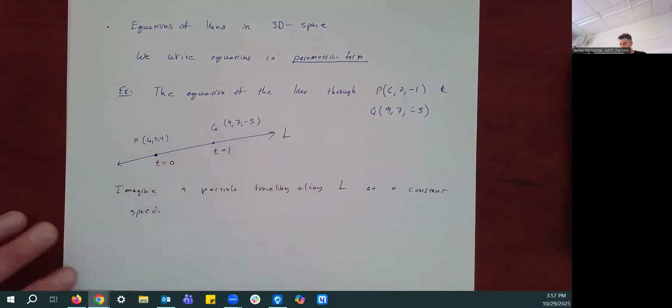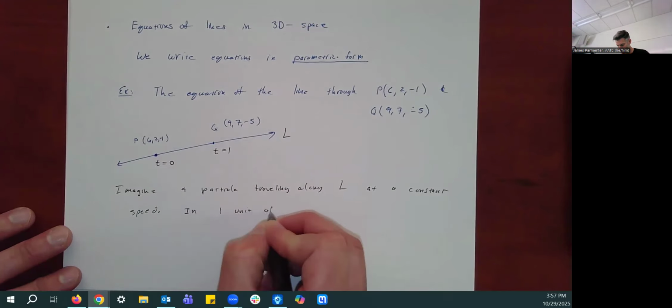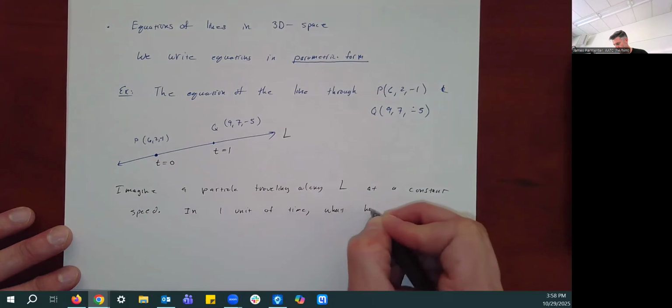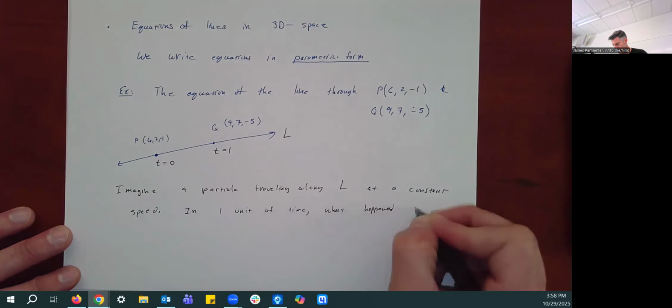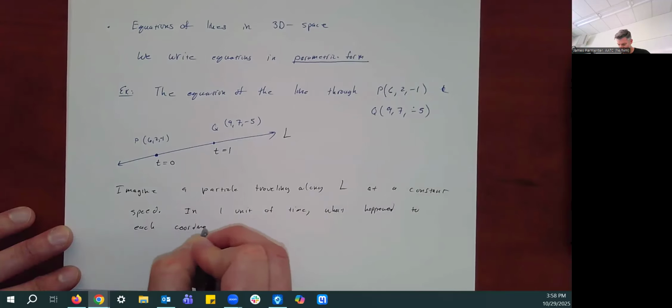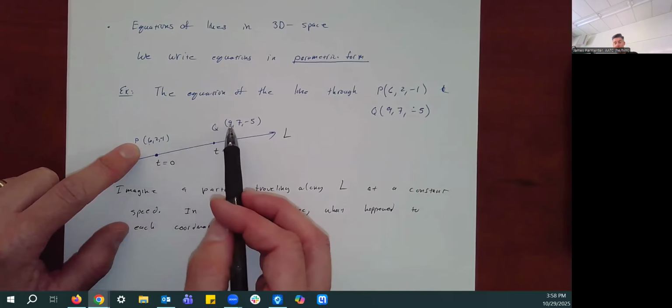So in that 1 unit of time, what happened to each coordinate? Well, it looked like, to me, the x coordinate has increased by 3.